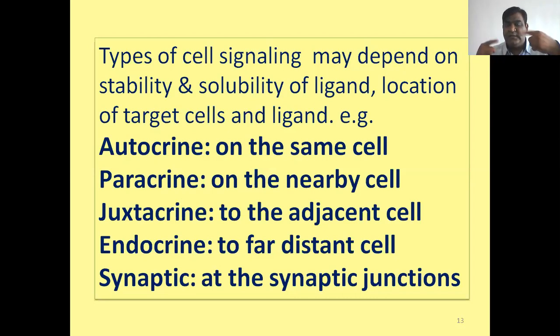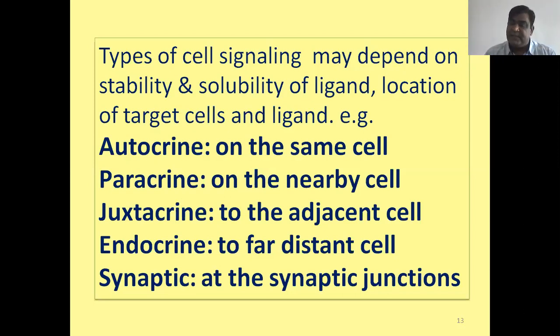Here the receptor present on one cell will interact with the receptor present on another cell. For that, these two cells have to be very close, even closer than in paracrine. Then there is endocrine, which we have studied in the case of hormones, where a particular signaling molecule will travel a long distance so as to bring about the desired effect.